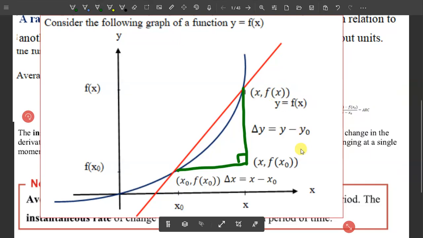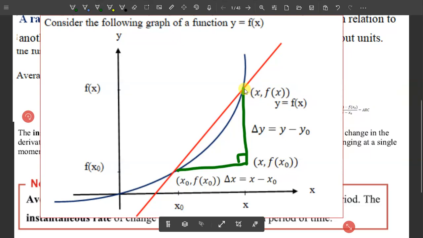The point at this vertex is the intersection of the baseline and the altitude of a right angle triangle, denoted by (x, f(x0)). The distance from this point to the point (x, f(x)) is the change in y, which is y minus y0, where y equals f of x and y0 equals f of x0.